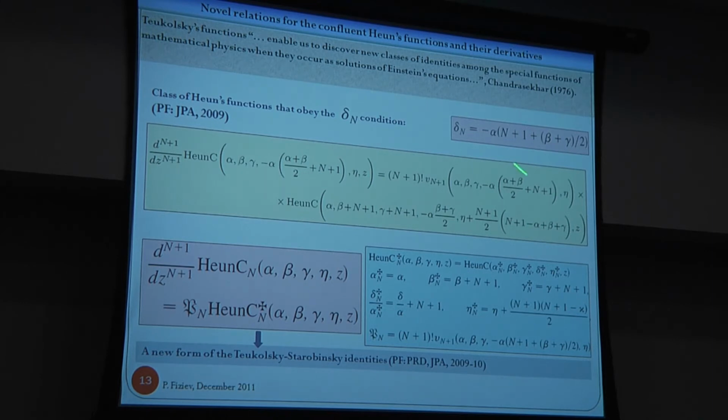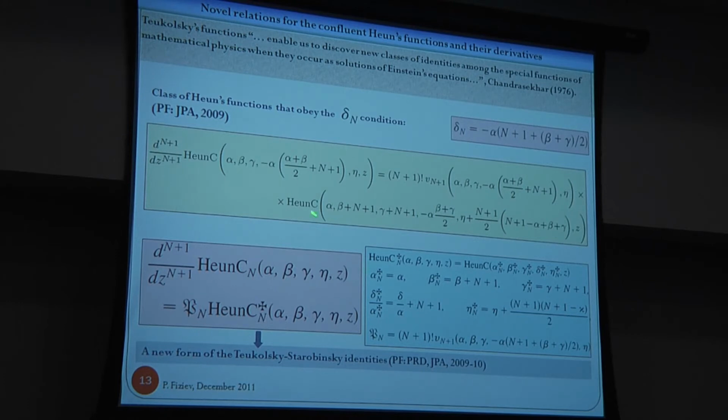But if you have such a parameter, it turns out that you can express the derivatives of the Heun function with Heun functions, but for another set of parameters. The formulas are written here, and these relations are quite simple.